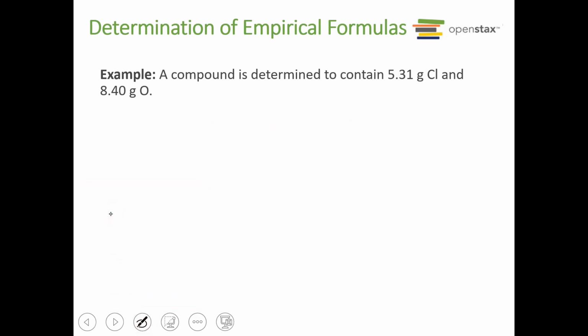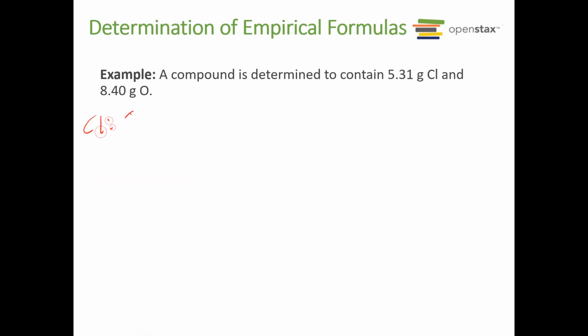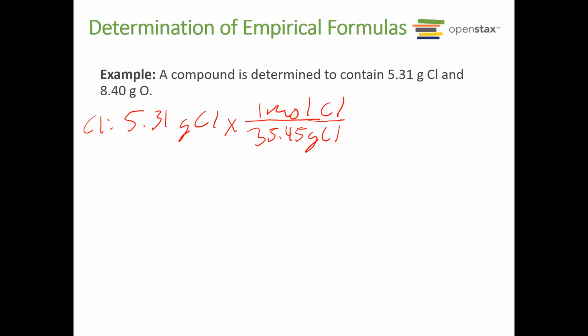So I'm going to write this all the way over to the side here, so that hopefully I don't run out of room this time. So if we divide 5.31 by 35.45, we come up with 0.150 moles of chlorine.